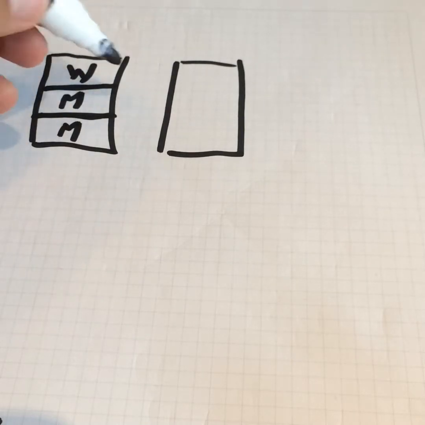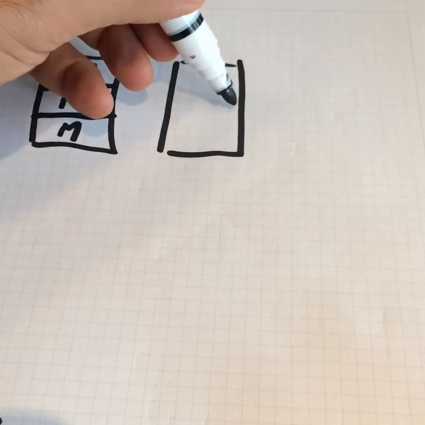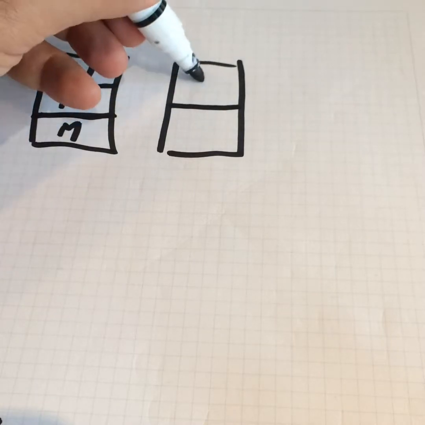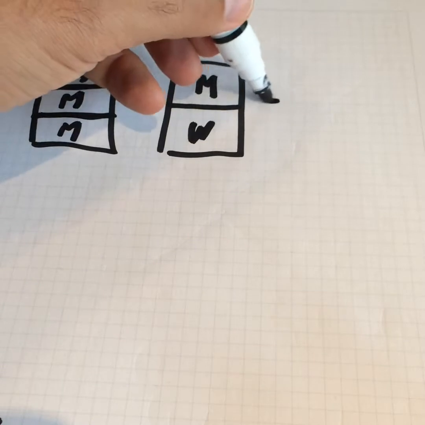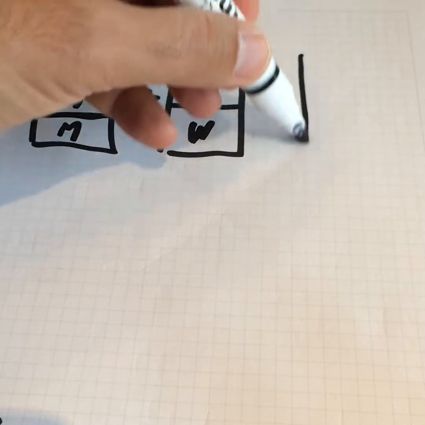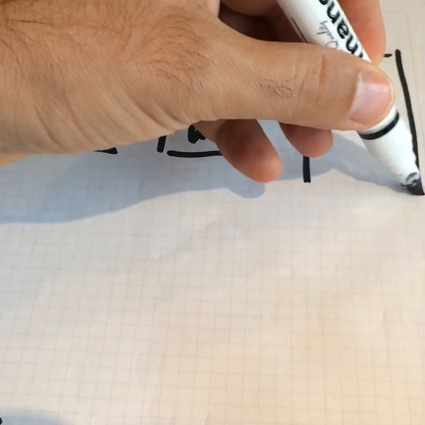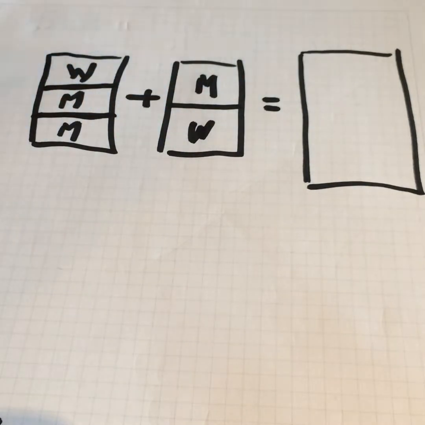In our second glass, it's the same amount of liquid, but in a 1-to-1 relationship between milk and water. And somehow, these 2 things are going to come together, be put into one larger glass, and there's going to be some mixture of milk and water when we add them together.